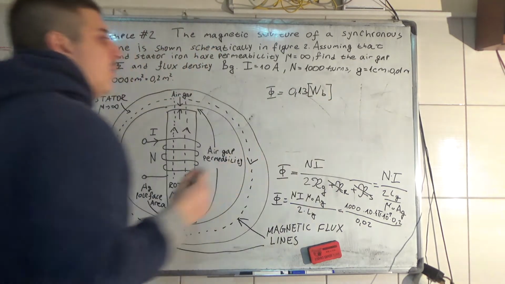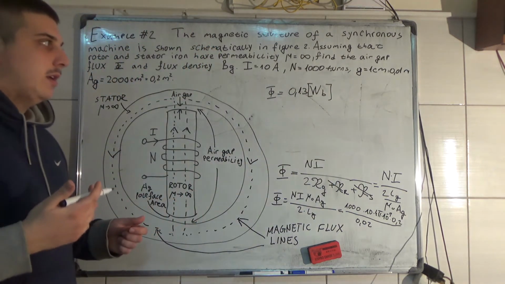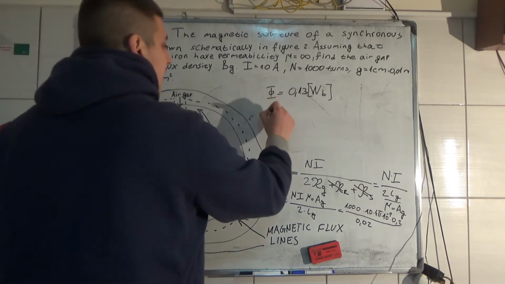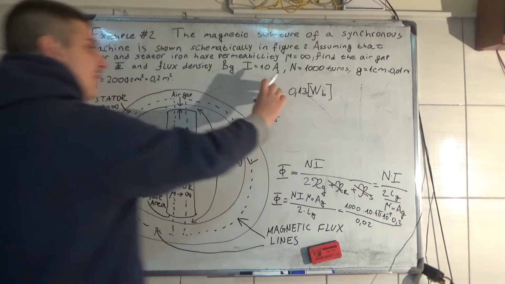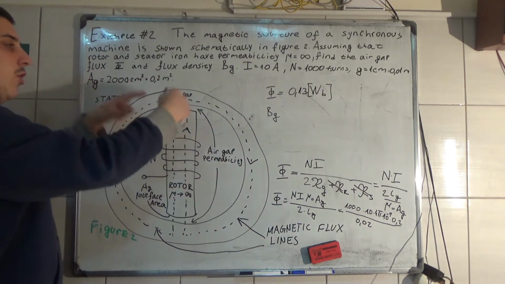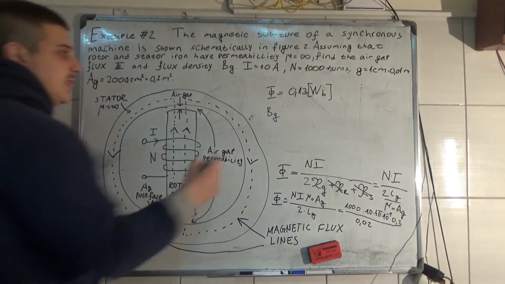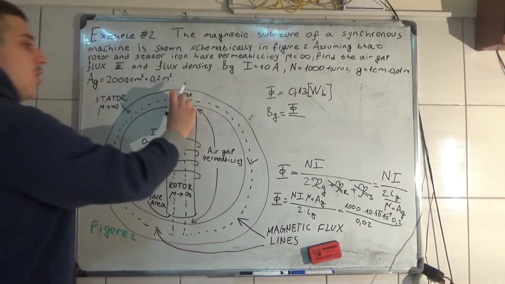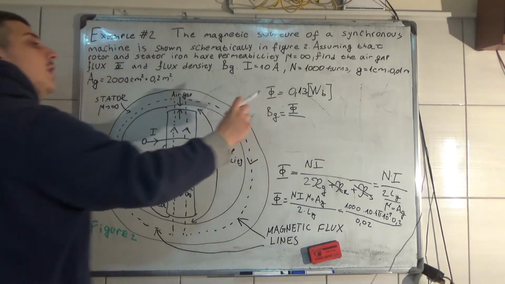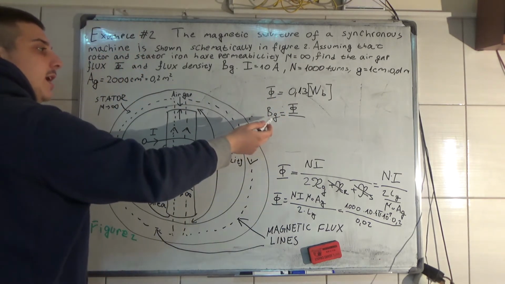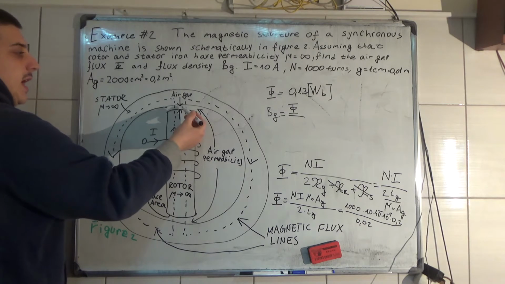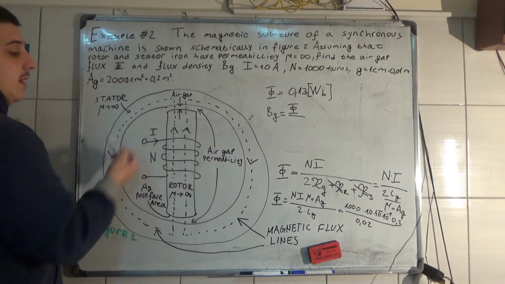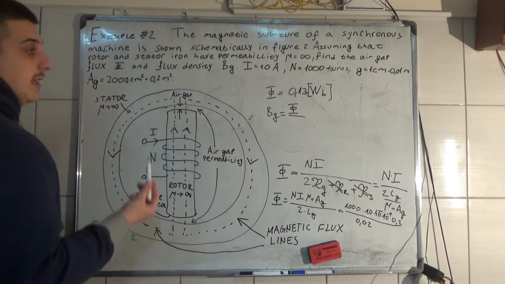Now it is easy to calculate the magnetic flux density, because the magnetic flux in all this circuit is the same, we just have to divide this flux by the area of this air gap. So we are calculating the magnetic flux density in the air gap, and the magnetic flux density also stays the same.